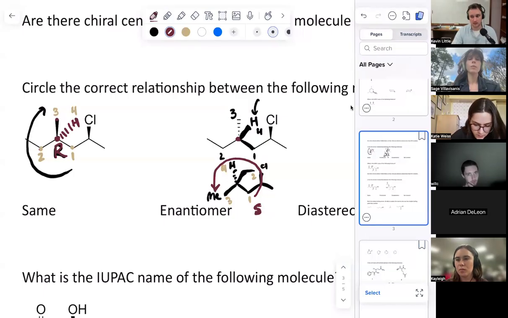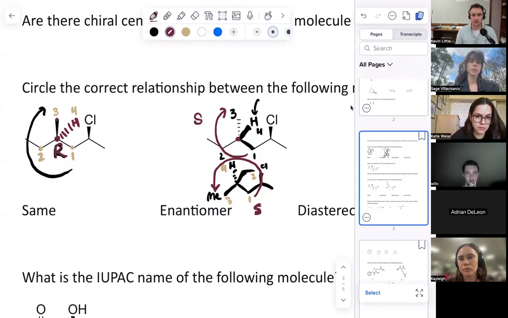That's another way of doing it, and you'll see people teach it that way as well. Where at the start, I could have said, well, this goes 1 to 2 to 3 clockwise, but that's on a wedge, so I know it's got to be the opposite answer, which is an S. So you'll see people do that as well.